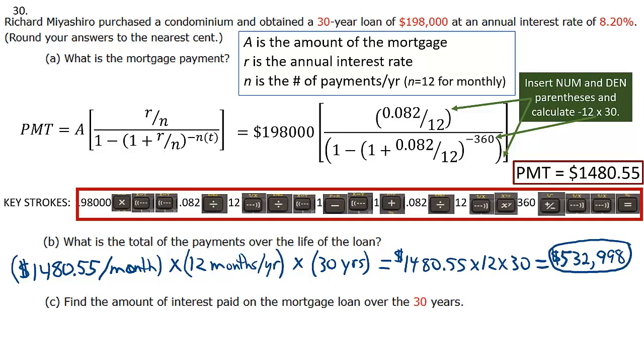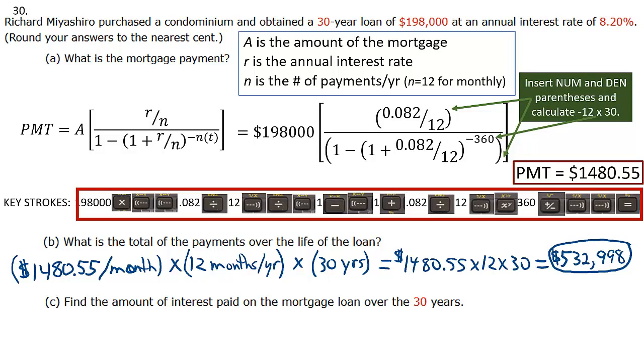So over the life of that 30-year loan, even though you just borrowed $198,000, you end up paying back over $500,000, $532,998.